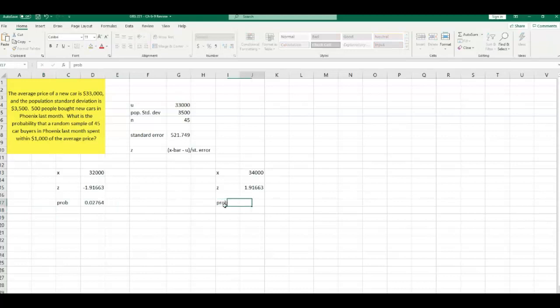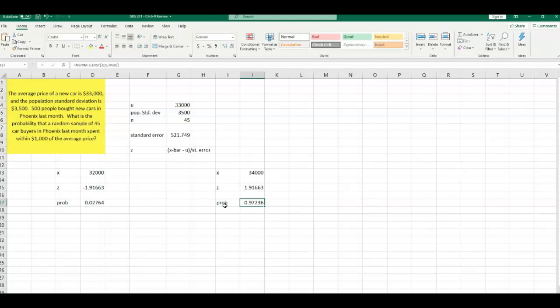Then we need to know the probability that it will be less than 34,000. So norm.s.dist, we select our z-score and we type true, and we find that to be 97%.